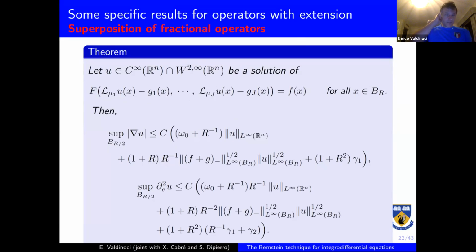The difference with respect to the previous case is that the operator is not scale invariant. So if the equation is set in a ball of radius r, the dependence of r in the estimates is definitely more cumbersome. But the idea is again the same. You have structural constants and you have the L infinity norm of the solution.